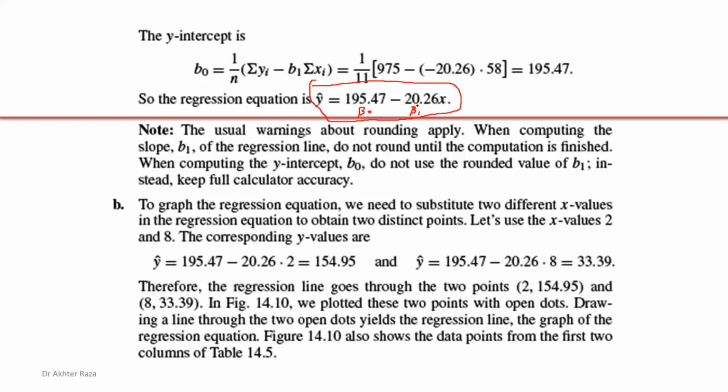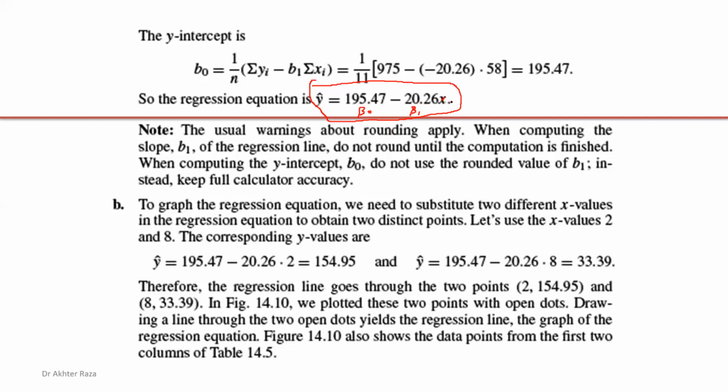The values are 20.26 and 195.47. The 20.26 with the minus sign indicates that every year the price will decrease by $2,026. If X is 1, meaning a 1 year old car, the price will decrease by $2,026.